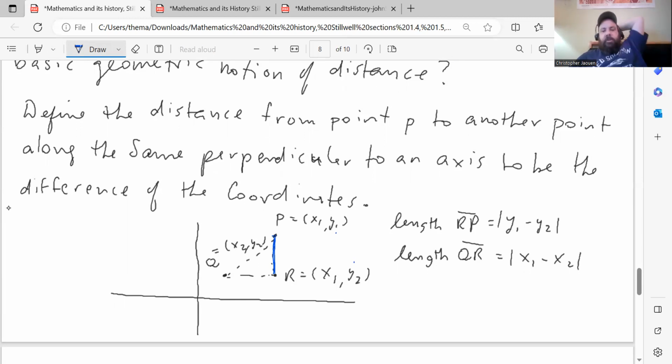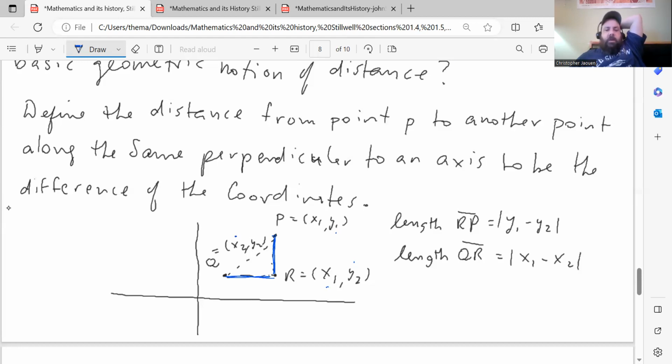So you want the length to be positive, so take the absolute value because sometimes the difference of the coordinates might be negative. And the length QR, again, is given by x1 minus x2 in absolute value.